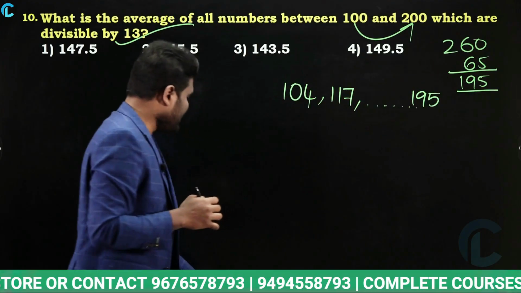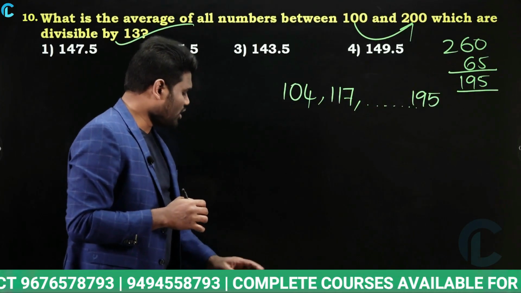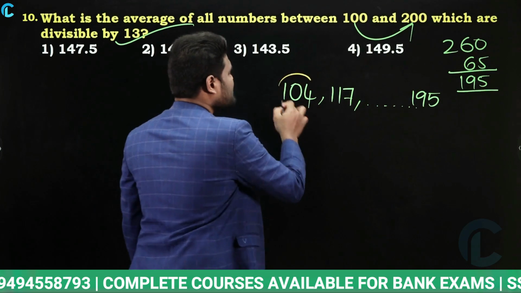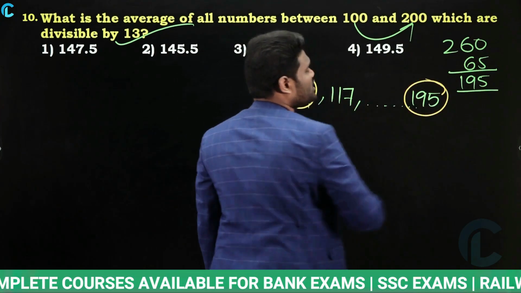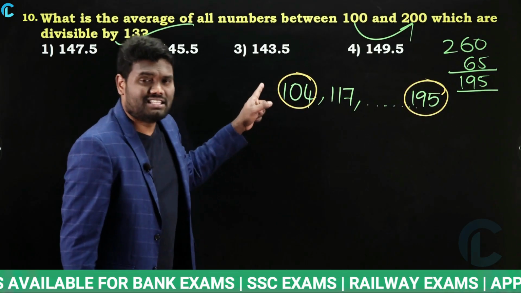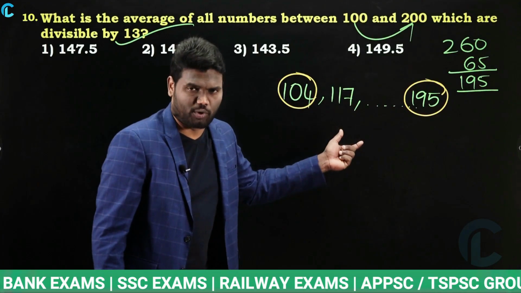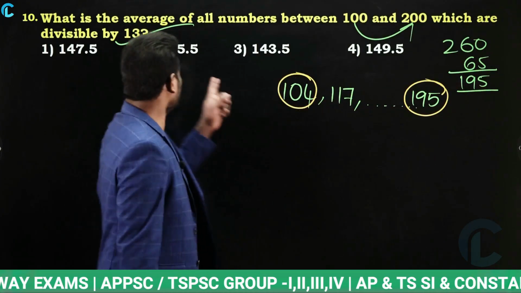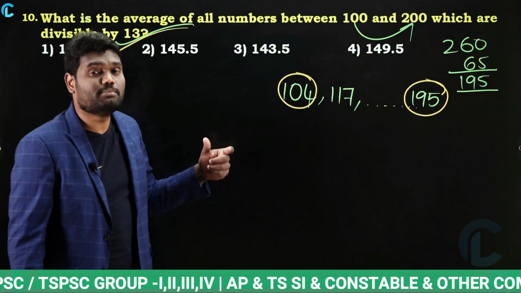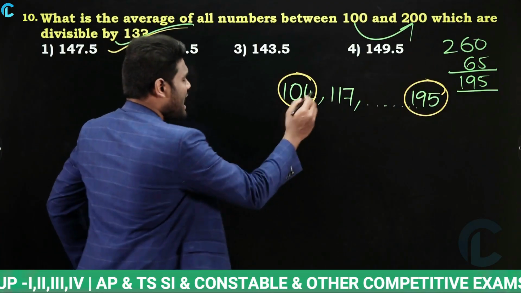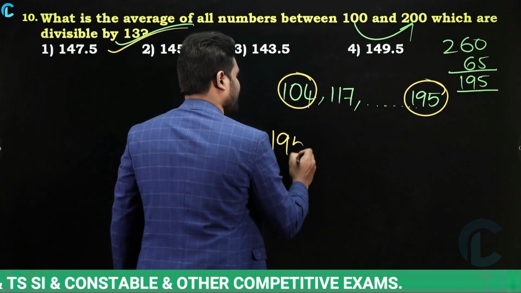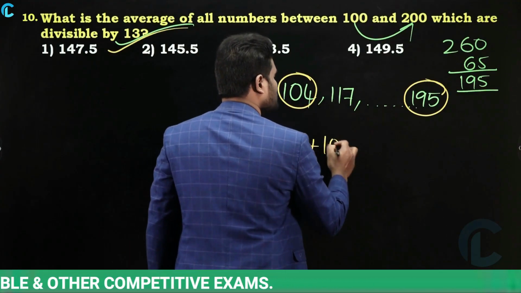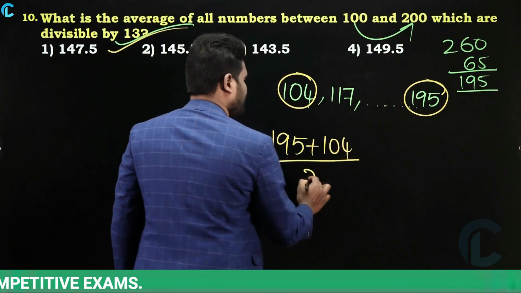Now look here, we got the smallest number and we got the highest number also. Smallest number is 104. Highest number is 195, and this series is going to be in arithmetic progression. Why? Because we have a difference of 13, 13, 13, 13, as the numbers are divisible by 13. So highest number is 195, lowest number is 104, divide by 2.